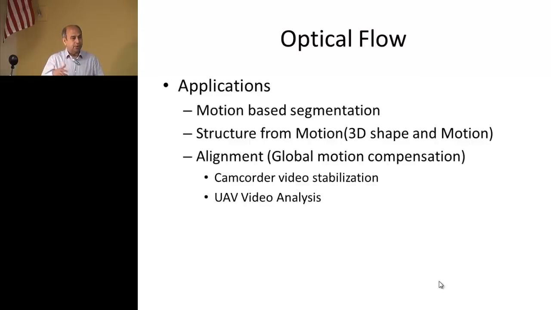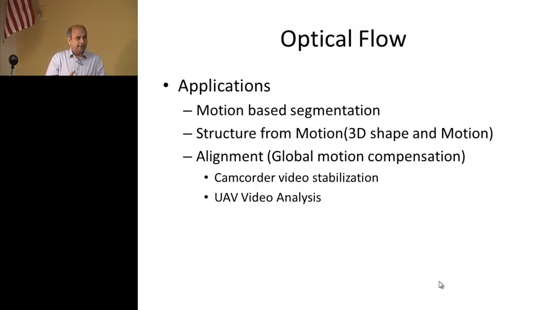And then I told you that you can take a video, say, obtained from a UAV, where it's moving, and you want to get rid of this global motion, to stabilize the video. If the UAV is moving, the cars are moving, people are moving, so there are lots of motions. Due to the UAV moving, every pixel moves. So we want to stabilize, remove the global motion, then look at the objects' motion, and we can use optical flow for that.